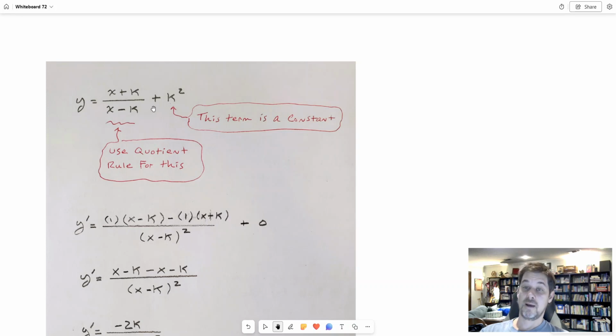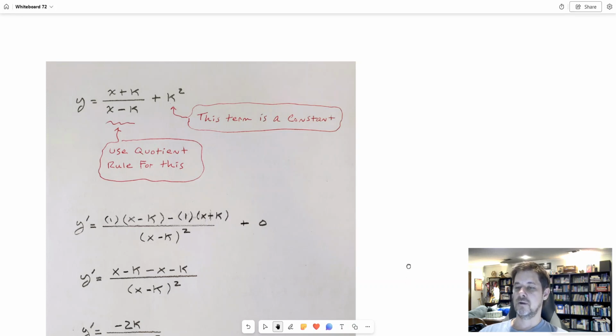From there, I would carry down the plus, and then this part would be the derivative of that second term, but that second term is just a constant. The derivative of any constant term is 0, no matter what it is. If this constant was 7, its derivative would be 0. If this constant is k squared, where k is a constant, then its derivative is still 0.